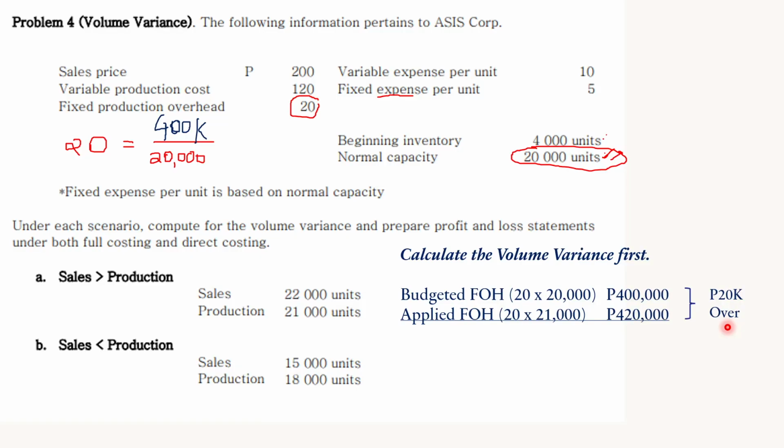I'll give you a few seconds or even a few minutes to answer letter B. What is the volume variance under letter B, where production is 18,000 units? Bigyan ko kayo ng ilang minutes, ha?